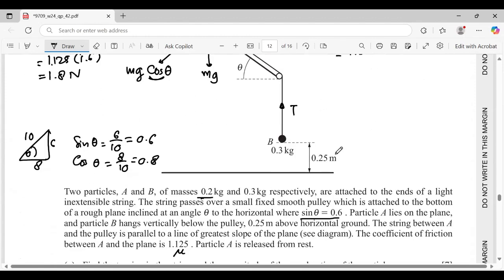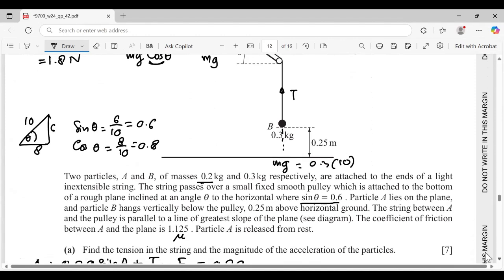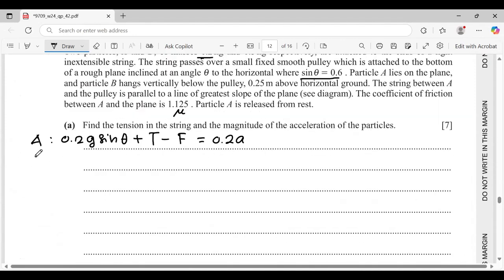And after that, on this particle there is a force mg acting, 0.3 times 10. So the equation on particle B is 0.3 times g minus T equals 0.3A.